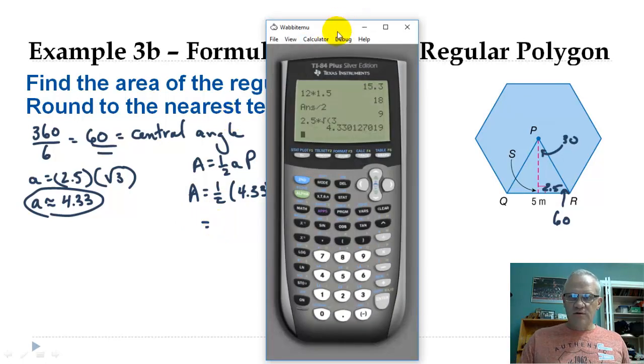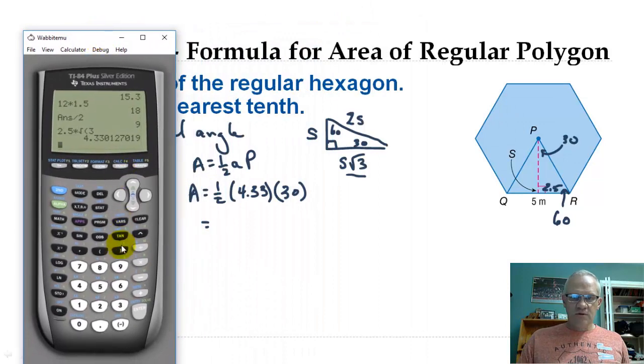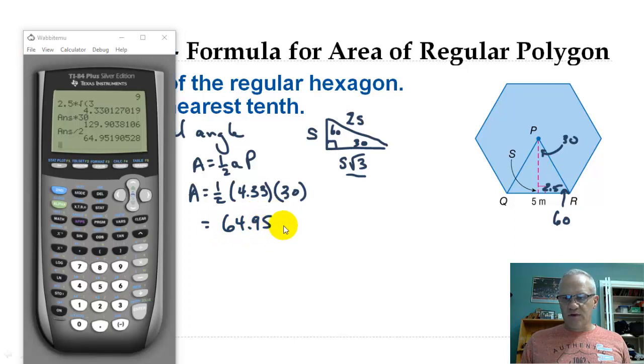I'm just going to use that original number since I've got it there already, times 30, and then just divide by 2. Again, instead of times 1/2, I'll just divide by 2. So it looks like our area here is approximately 64.95 meters squared.